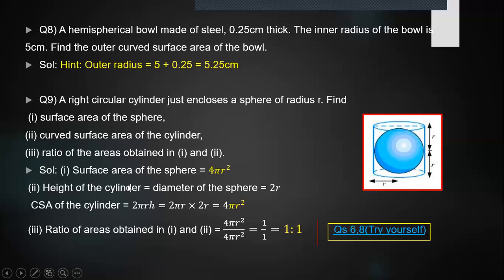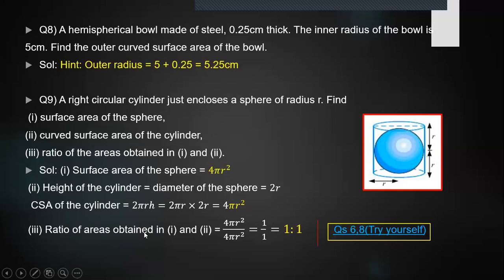Then height of the cylinder. This is the height of the cylinder, which is going to be equal to the diameter of the sphere. And the diameter of the sphere is equal to 2r. So CSA of the cylinder, the formula is 2 pi r h, and h can be replaced, which is the height of the cylinder, with 2r, and the CSA of the cylinder is equal to 4 pi r square.